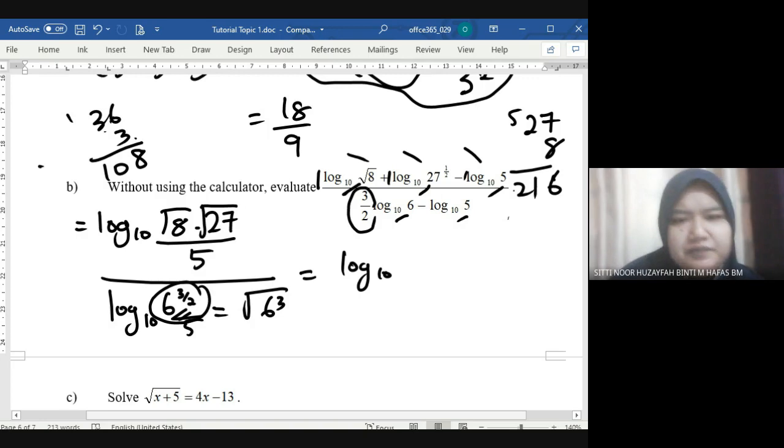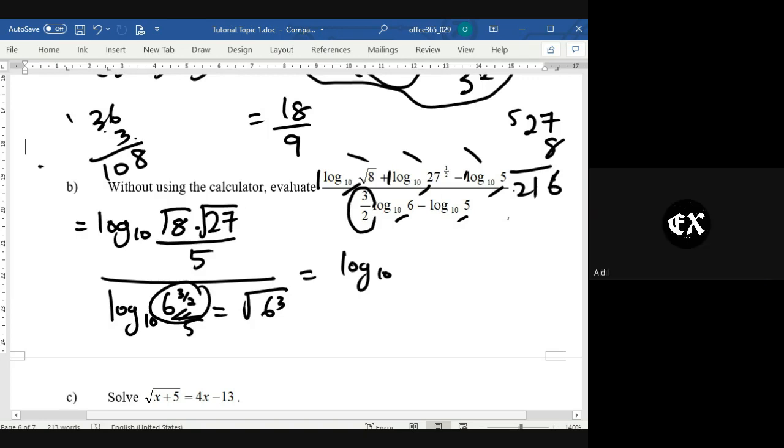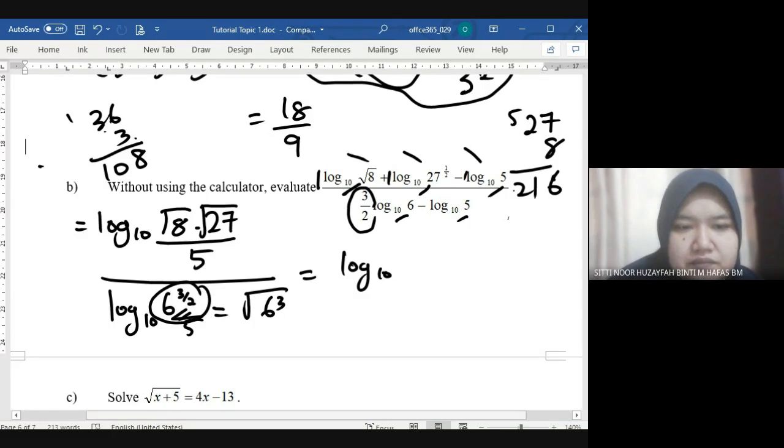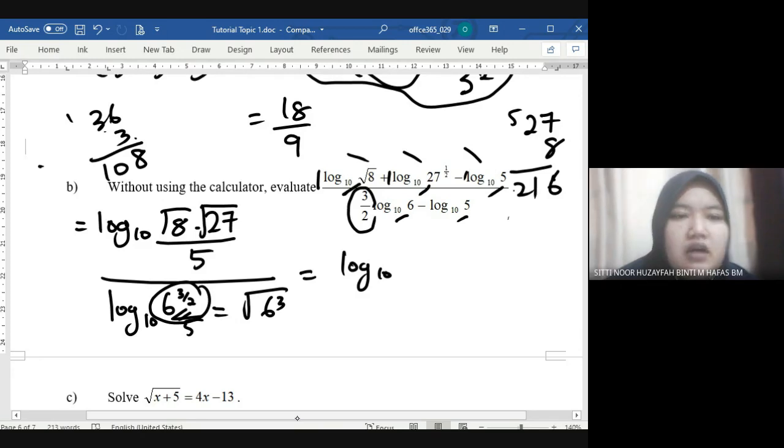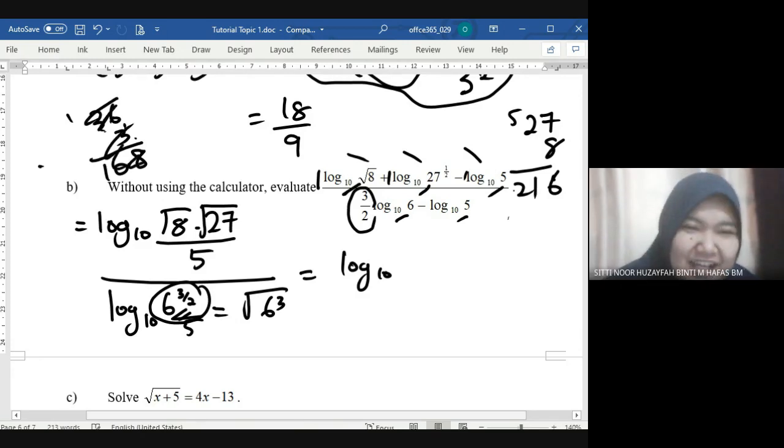Betul ke? Betul. Kalau ini 27 multiply by 8 ni betul ke? Saya takut saya salah sifir. Teacher, 36 multiply by 6.